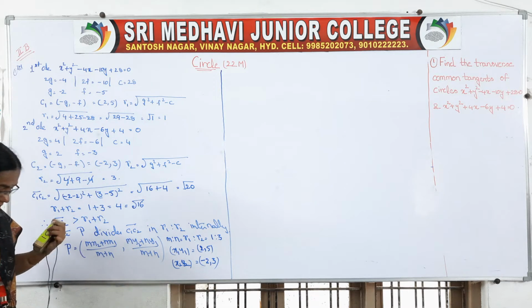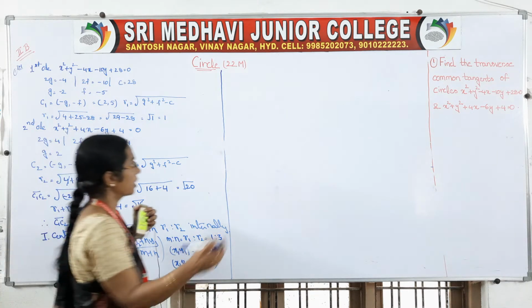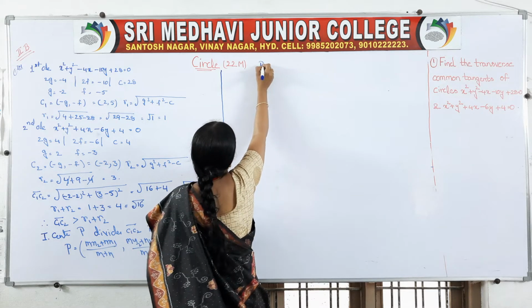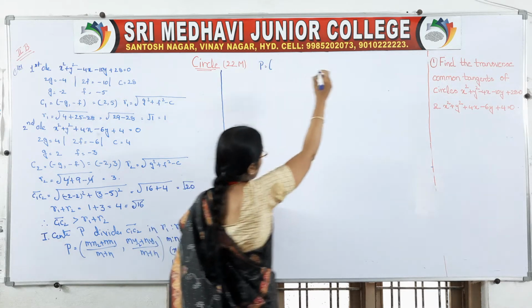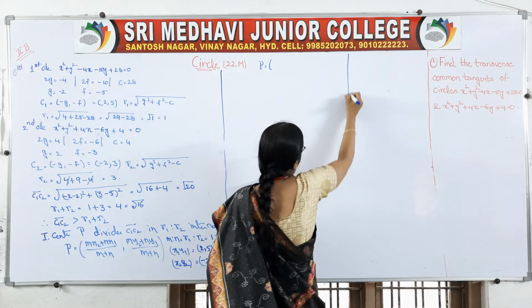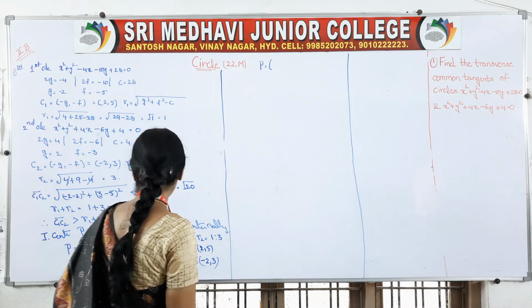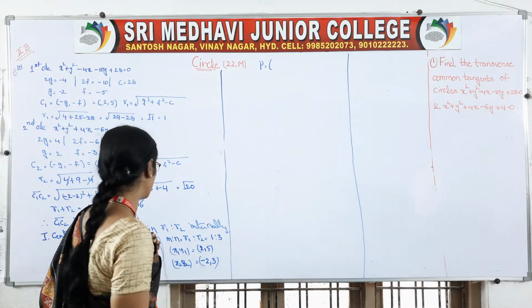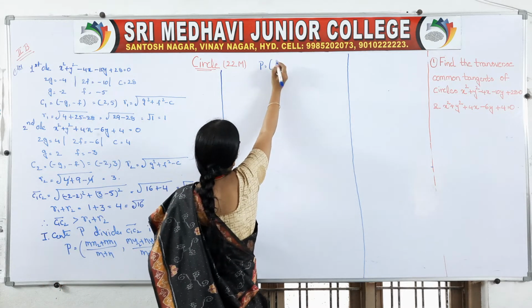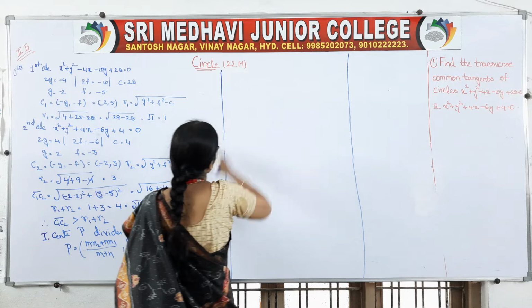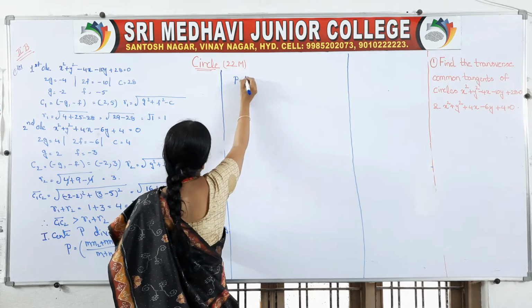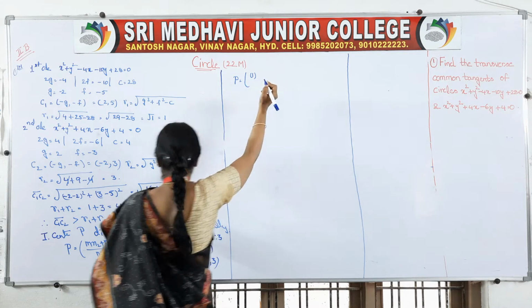So you find out your point P now. Using the formula mx2, what is m? It is 1. So P is equal to 1 into x2.